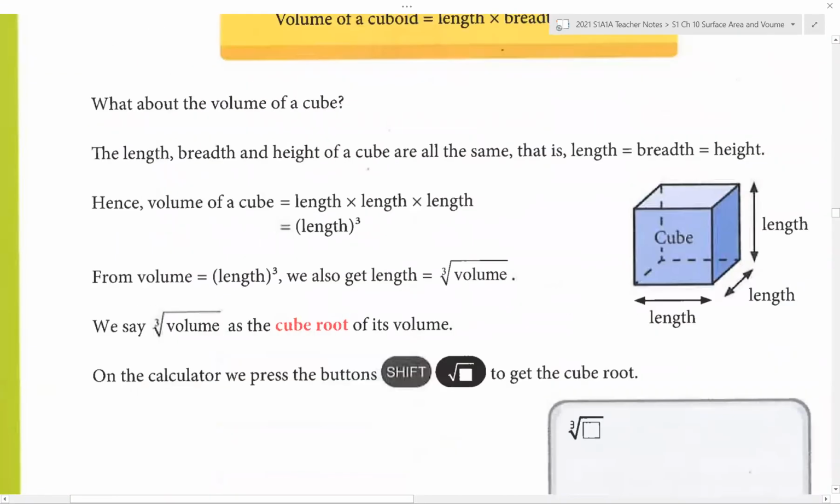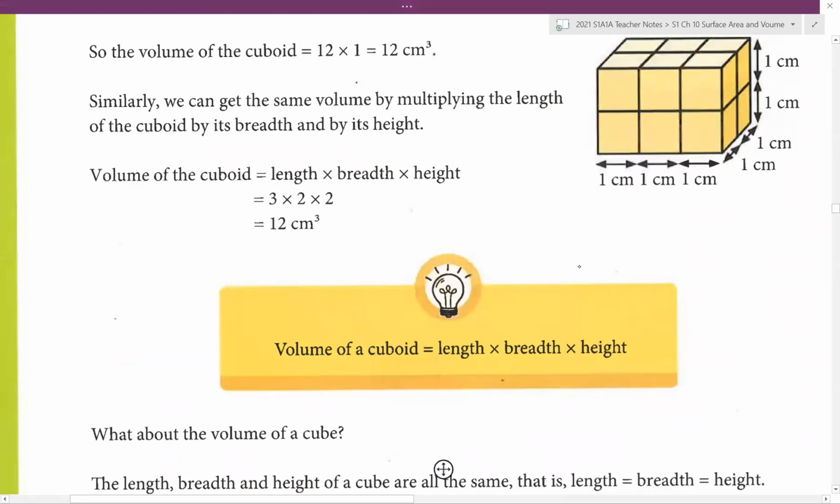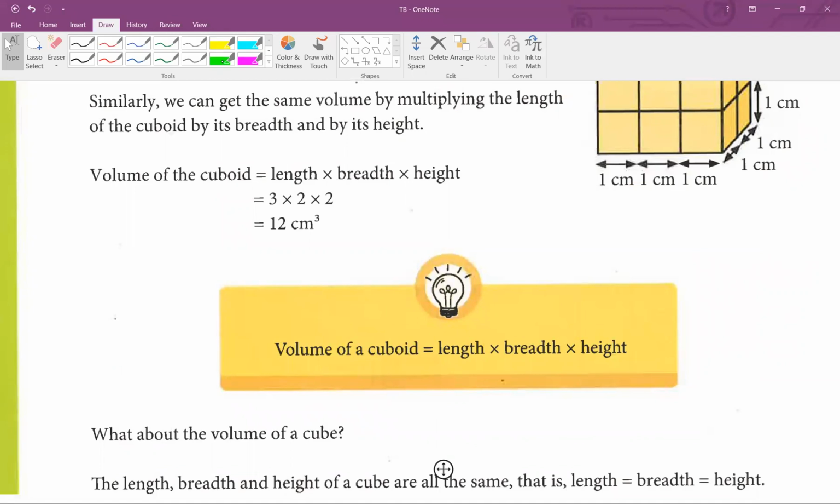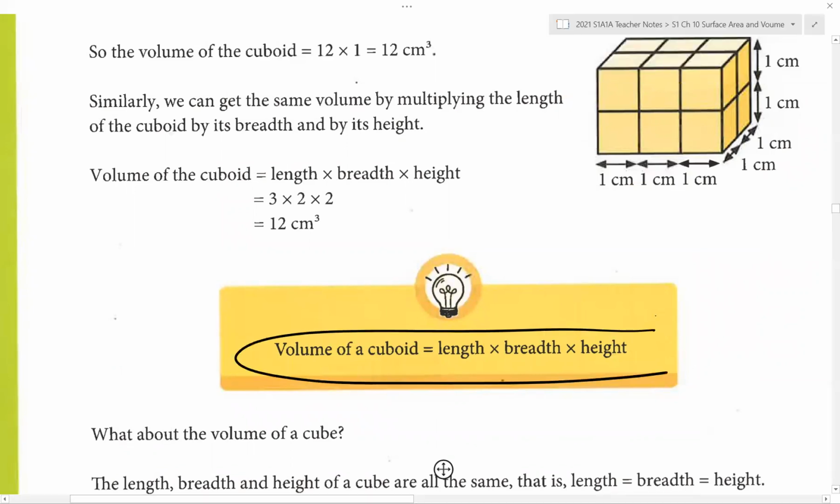Next, highlight what is shown over here. Volume of a cuboid equals length times breadth times height. Patricia, have you done it? Have you circled, highlighted it?